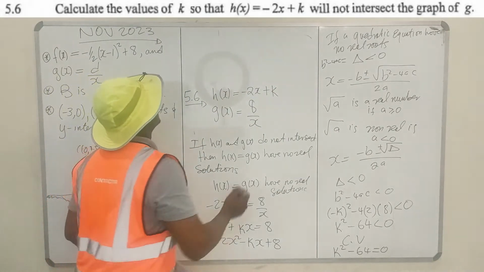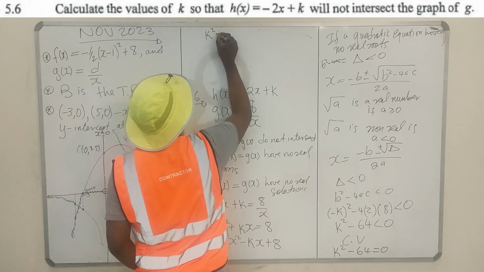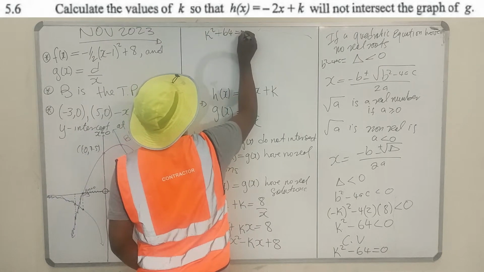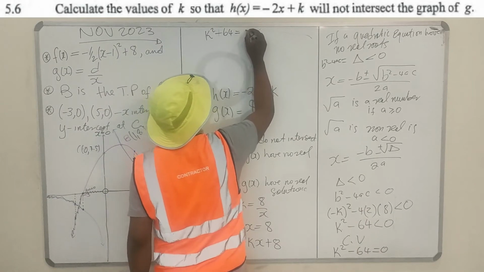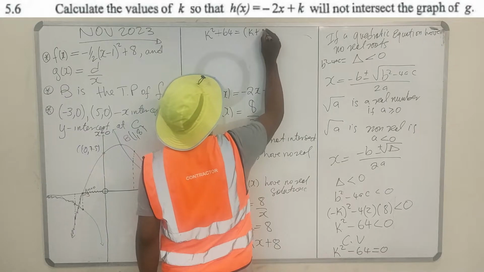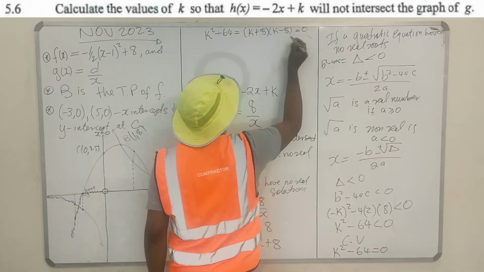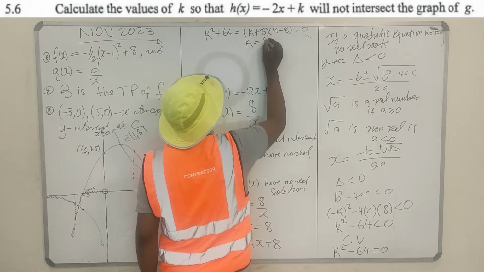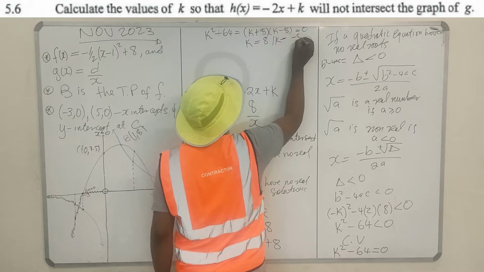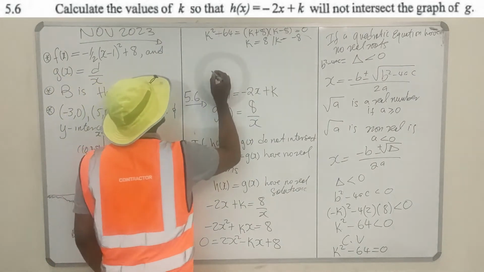You have that k squared minus 64 is equal to k plus 8 times k minus 8, which is equal to 0, which means your k is equal to 8, or your k is equal to minus 8.